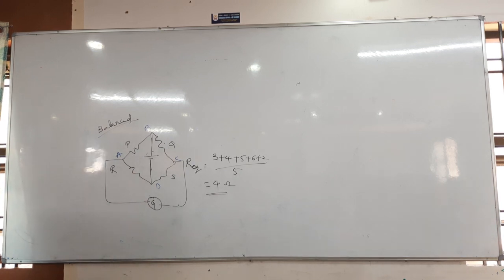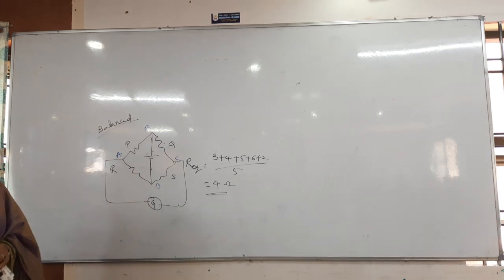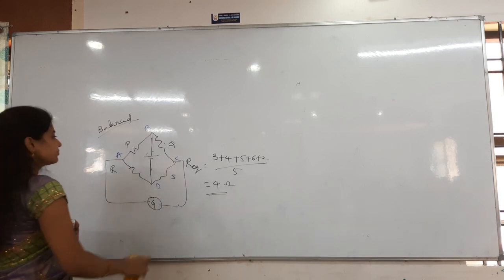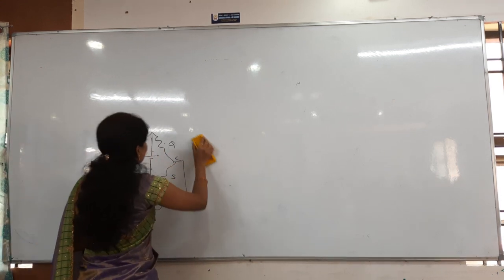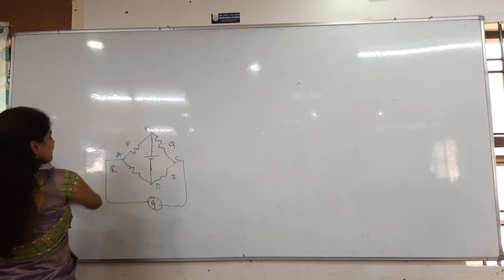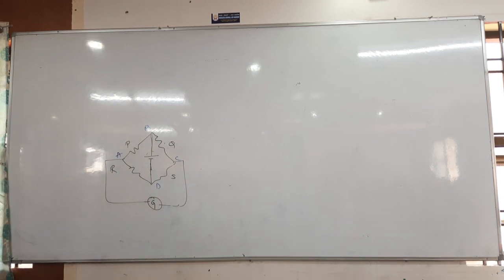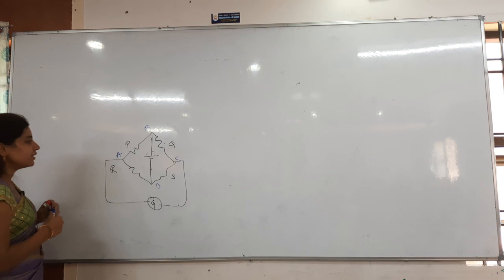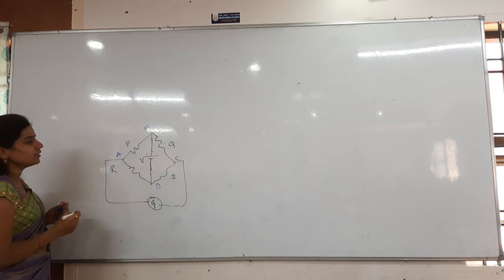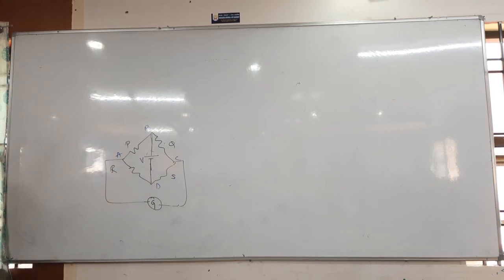In a balanced Wheatstone bridge, if the galvanometer and battery are interchanged with each other, then also the bridge will be balanced.